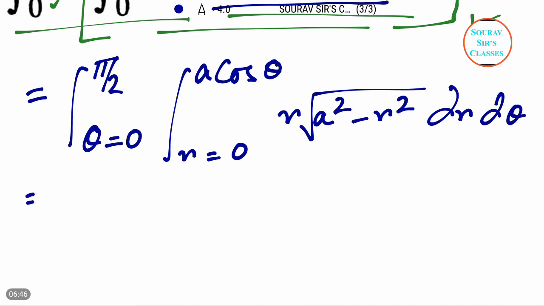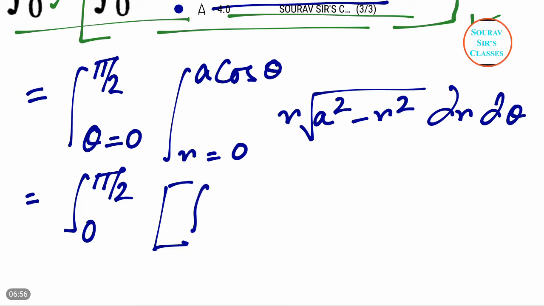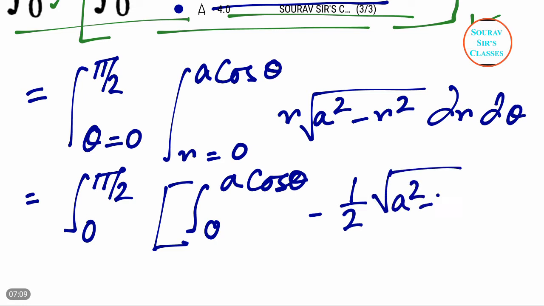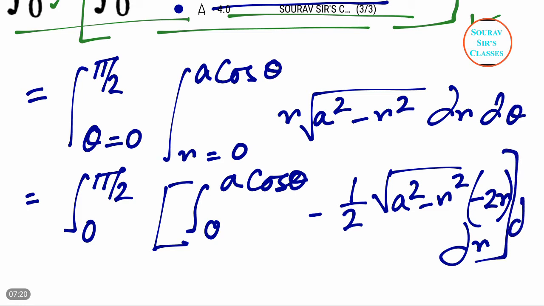Now from this we can write integration pi by 2 to 0 and then bracket, and here integration 0 to a cos theta minus half of a square minus r square into minus 2r into dr. Now whole here is d theta.